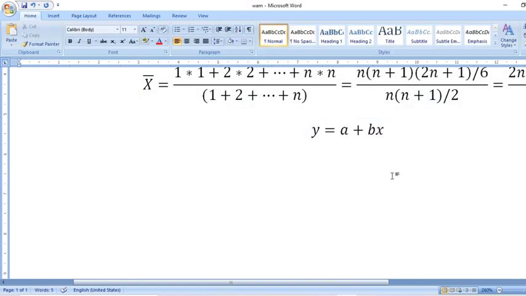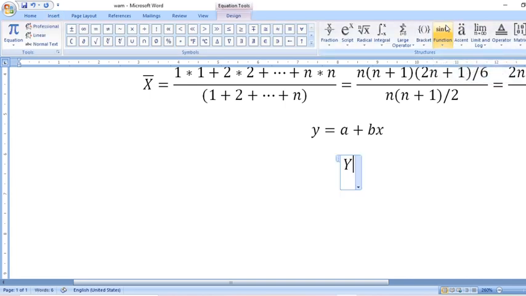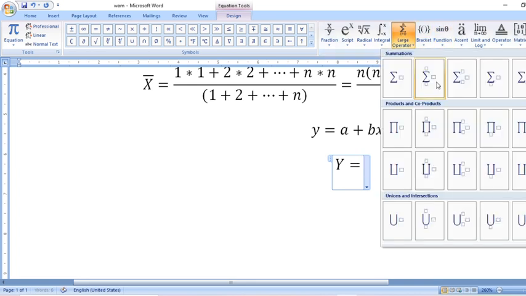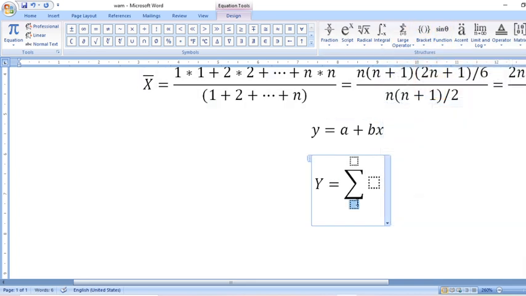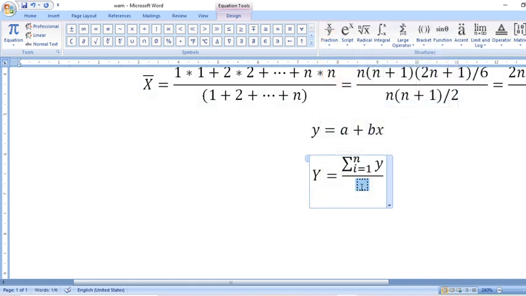So how can we compute the mean of y? You know that y bar is equal to summation i equal to 1 to n yi divided by n.